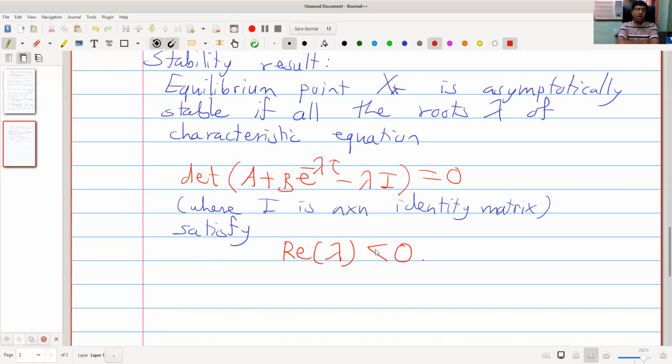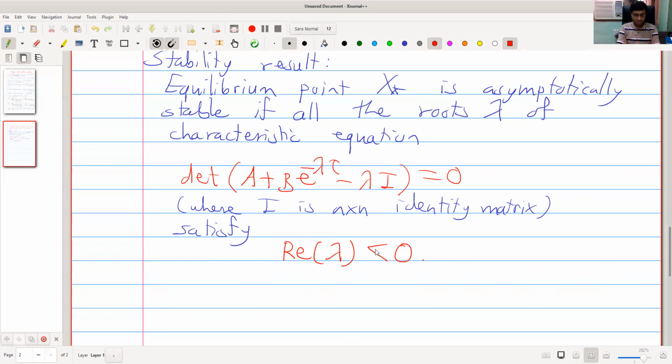However, in general, such things are not simple. In the scalar case we had only two parameters, A and B. Here we have so many parameters. Capital A is an n by n matrix, capital B is also an n by n matrix, so things are not as simple as in the one dimensional case.